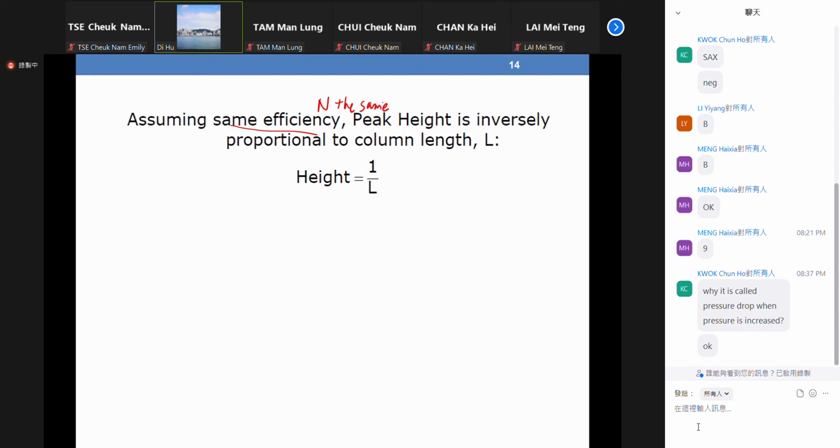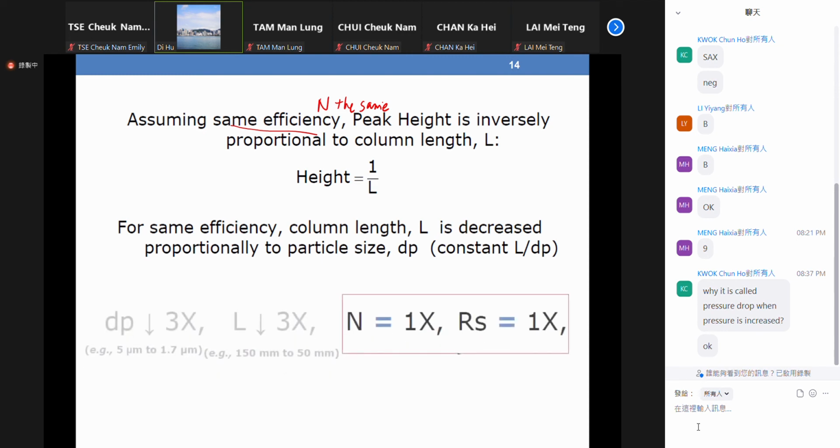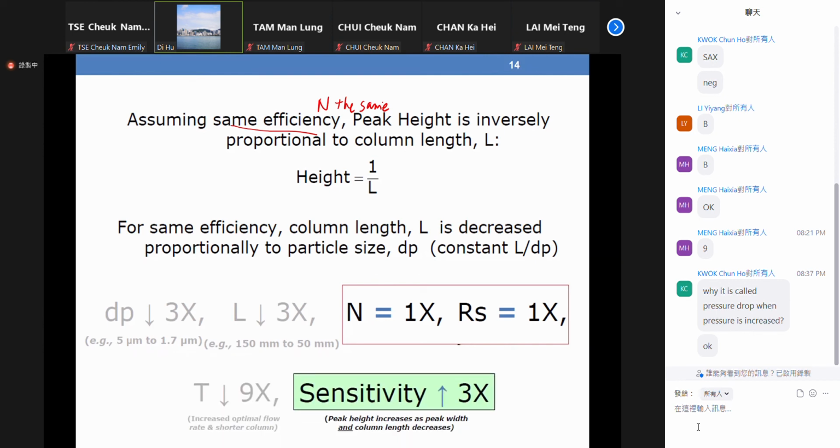For the same efficiency, column length decreases in proportion to particle size. It decreased by 3 times, and the sensitivity, which is proportional to 1 over L, will increase by 3 times.